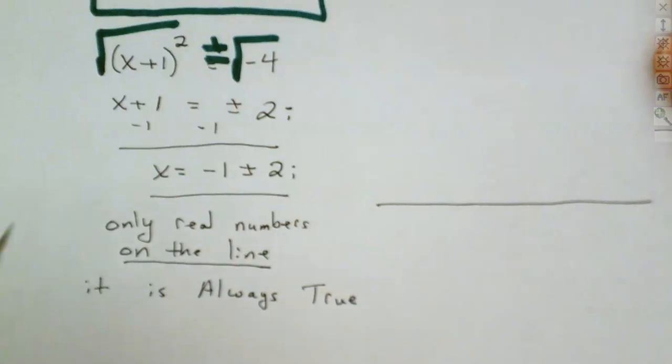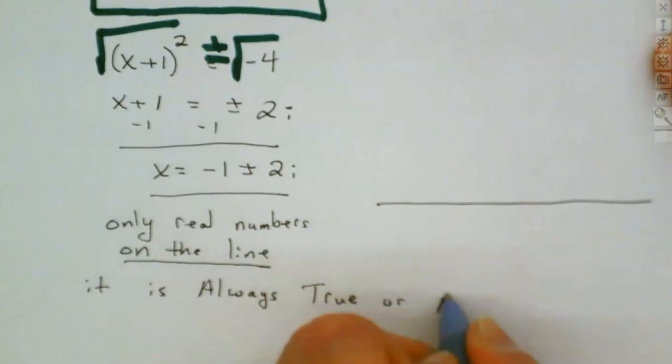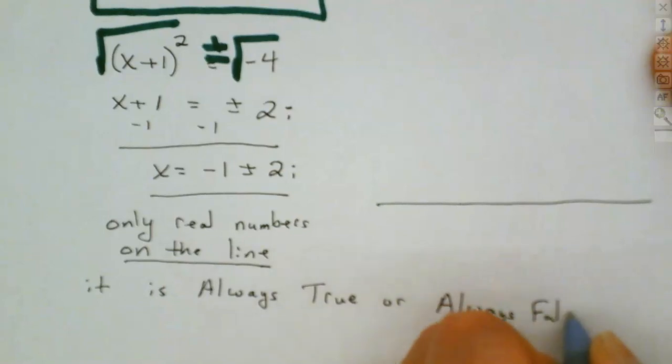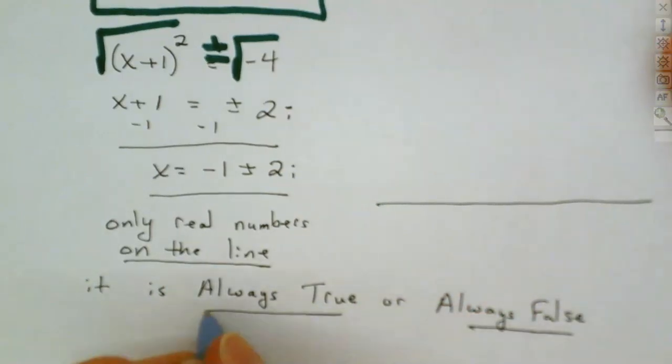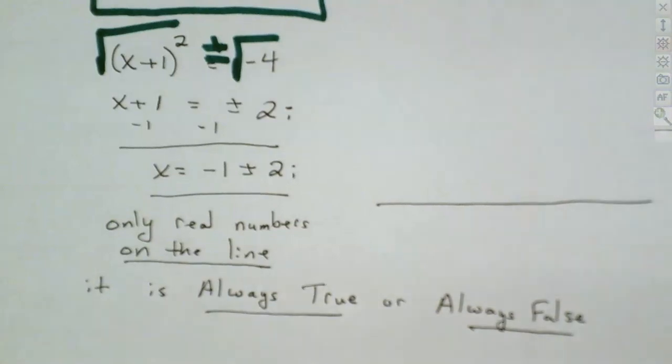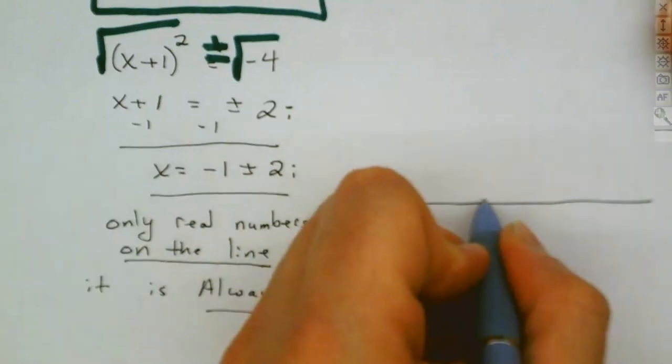So if you get complex numbers like this one, non-real numbers, it's either always true or always false, and we need to check. What it means is basically it can't switch between them, because the numbers that we find are where it can switch from true to false, back and forth. So in this case, we need to see if it's always true or always false.